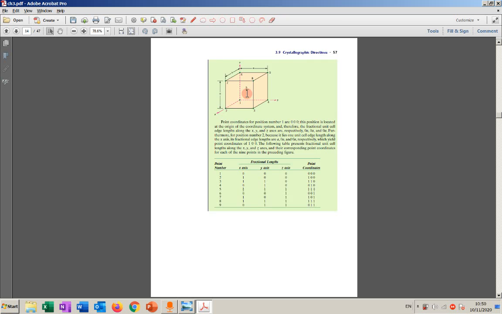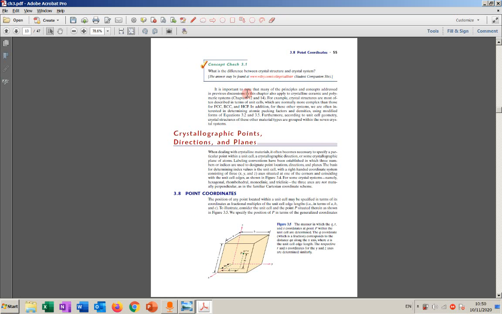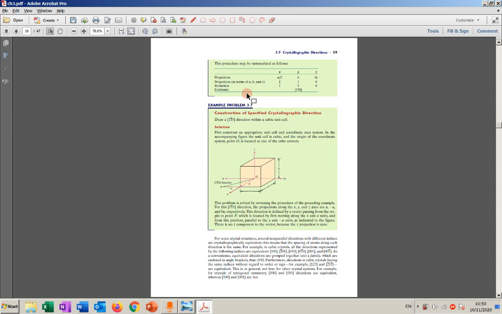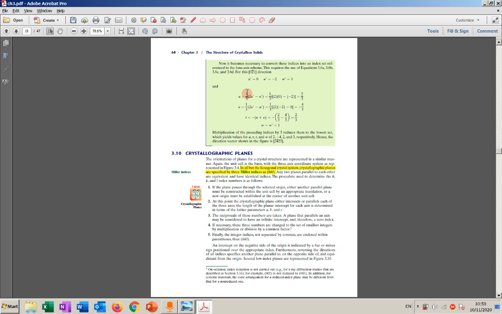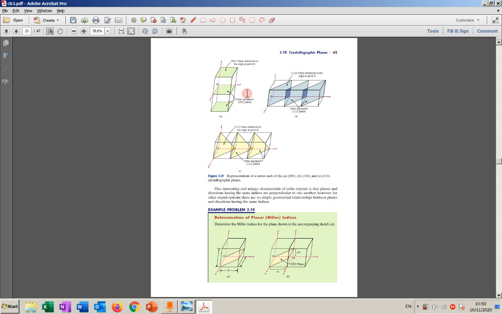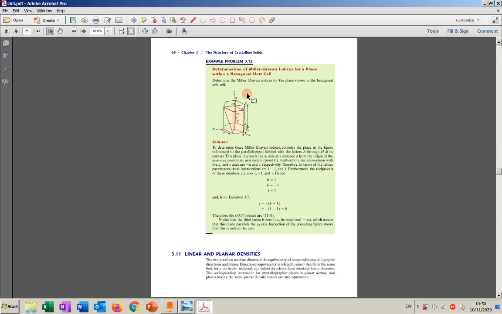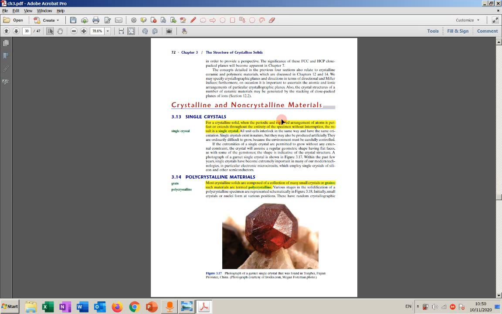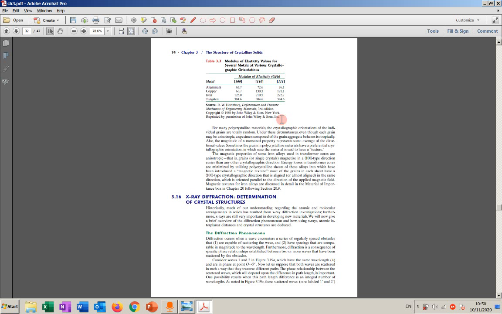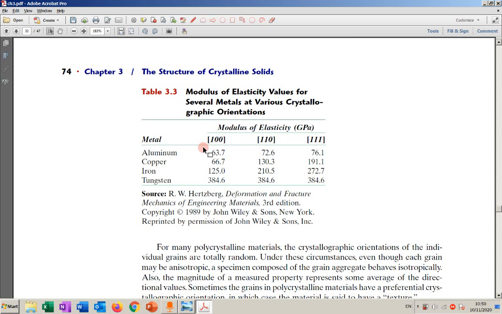I believe it was somewhere around here that we showed you that materials behave differently in each direction, and the reason was due to the density of the direction.